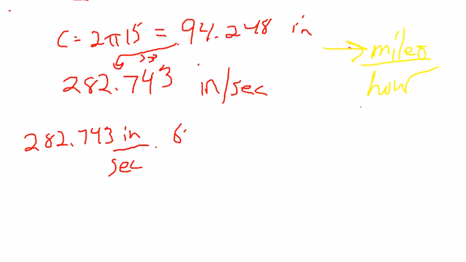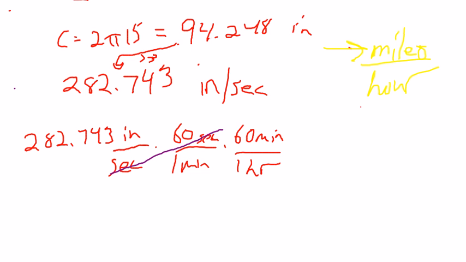I know that there are 60 seconds in 1 minute. So I'm going to multiply it by that. That's a form of 1. And then I'm going to go 60 minutes per 1 hour. Notice I'll cancel in purple. So my seconds cancel, my minutes cancel.